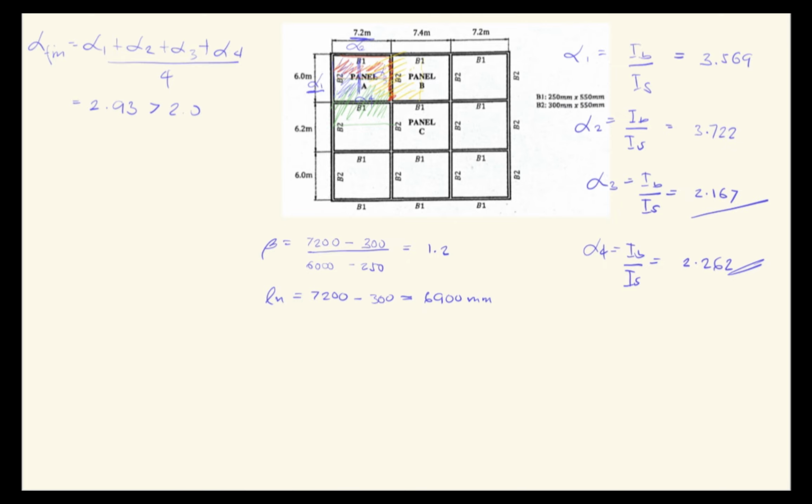We then have to substitute the values for the equation of h minimum, that is L sub n (0.8 plus Fy divided by 1,400) all over 36 plus 9 beta.